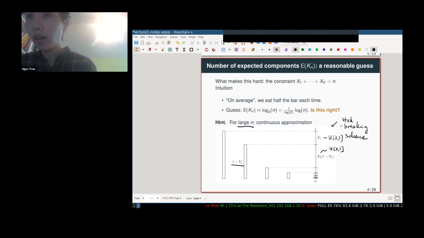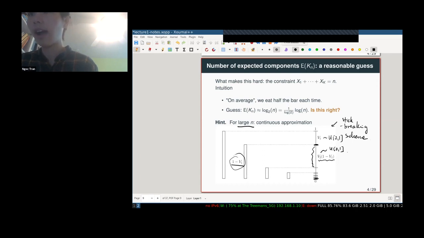What I'm keeping track of here, V2 times 1 minus V1, is the size of the next part that I'm throwing away. If I normalize the remaining stick, which has size 1 minus V1, I'm drawing a point V2 uniformly between 0 and 1, and then multiplying it by the length of the remaining stick.